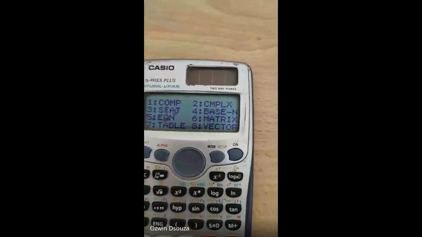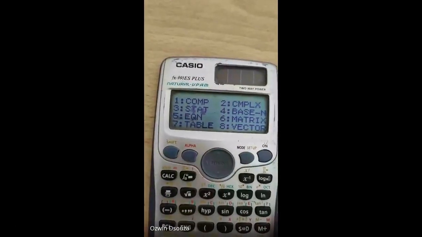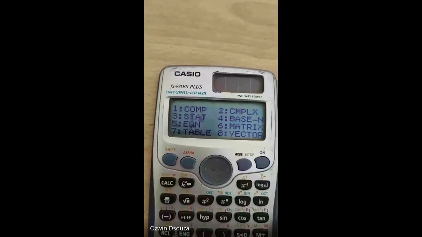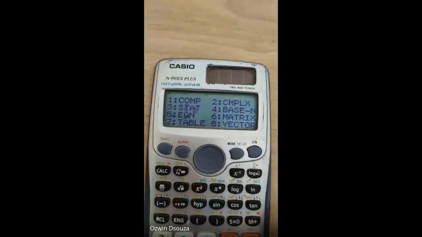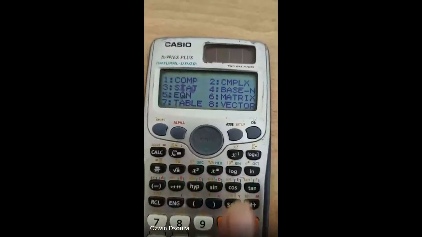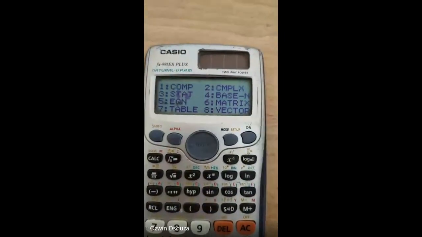Sir, your screen is a little blurred. Okay, now is it fine? Yes, sir. Even the slightest hand movement, it picks it as a signal, and that's the reason for the distortion. My colleague is helping me out.